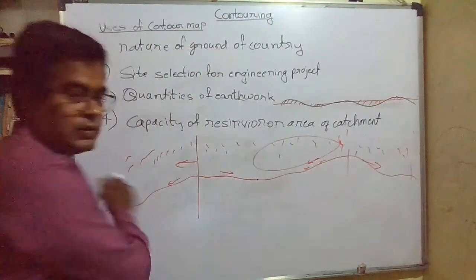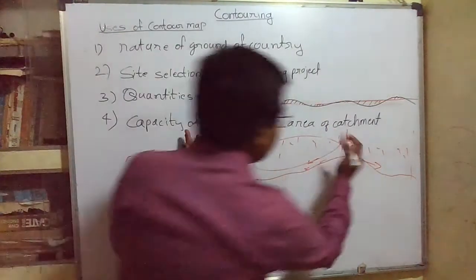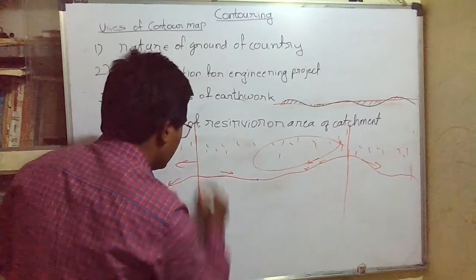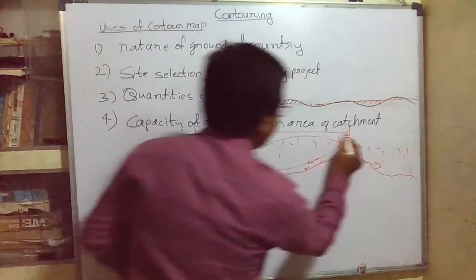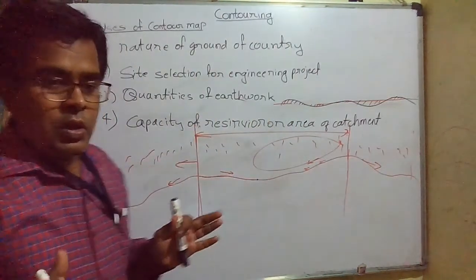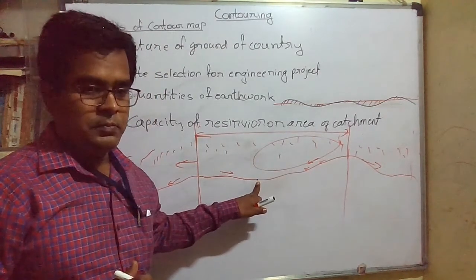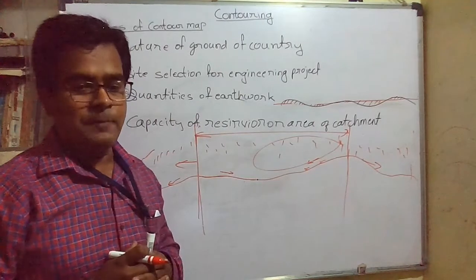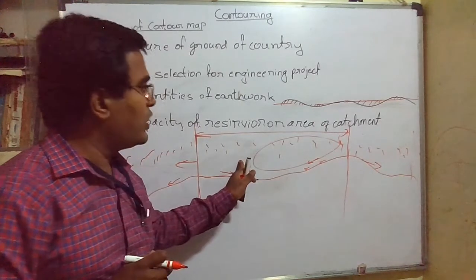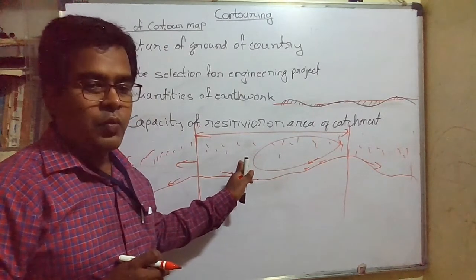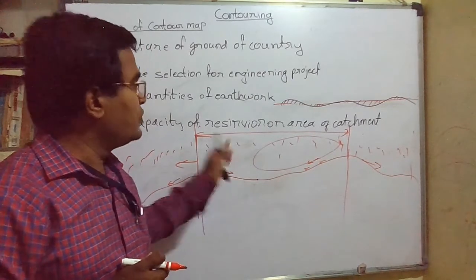This also will go somewhere else. So the area from which rainwater flows to a particular river is called the catchment area. This catchment area we can also decide or calculate by using the contour map.